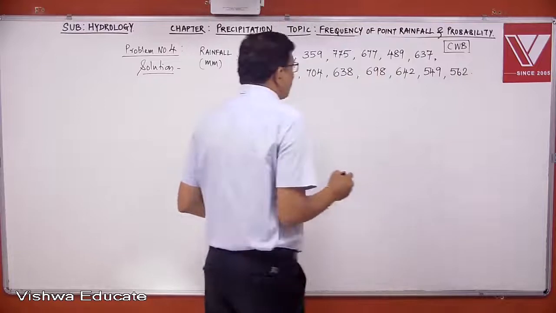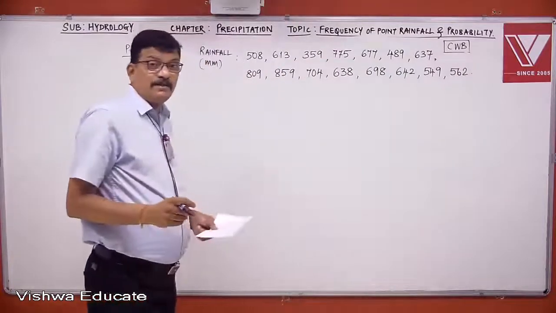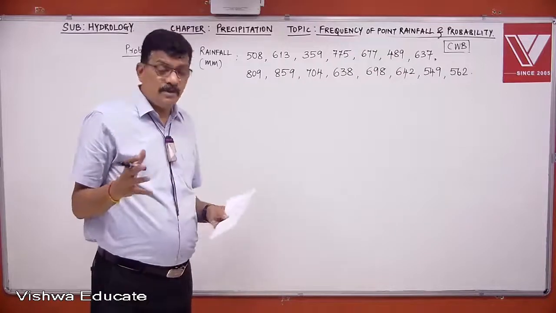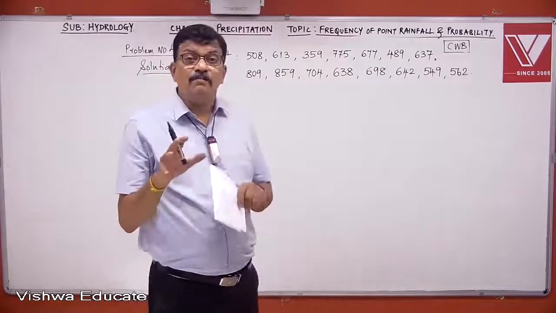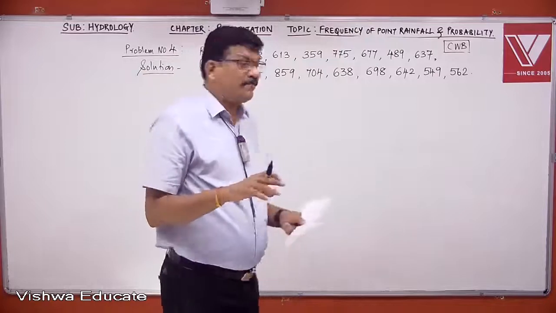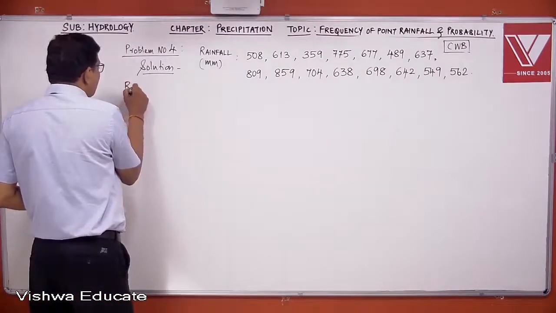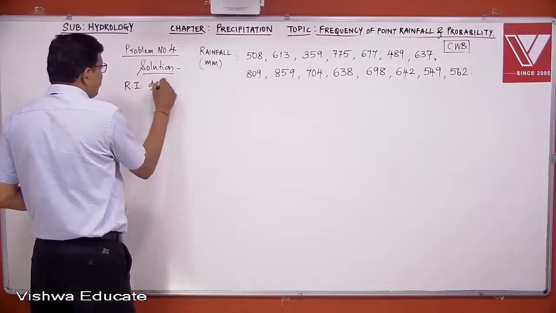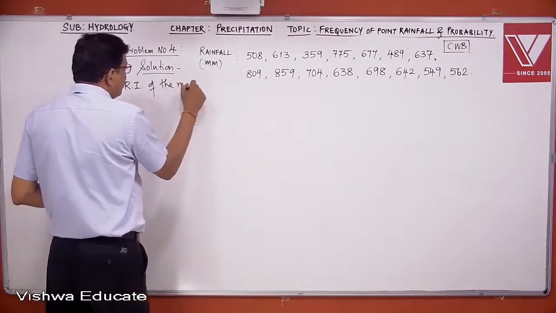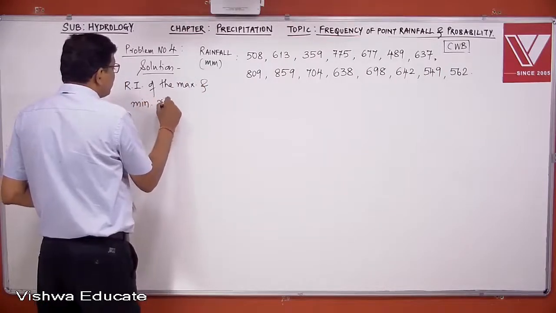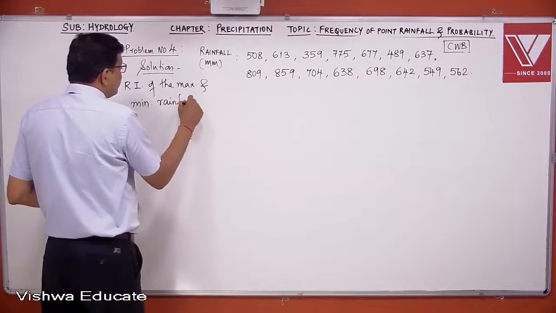562. These are the rainfall values given, and we have to work out the recurrence interval or the frequency of the maximum and minimum rainfall. So what is required is the frequency or the recurrence interval of the maximum and minimum rainfall.